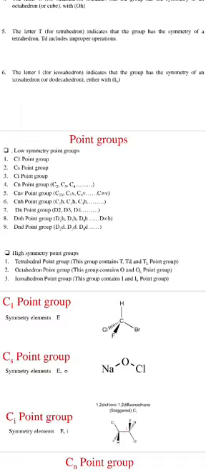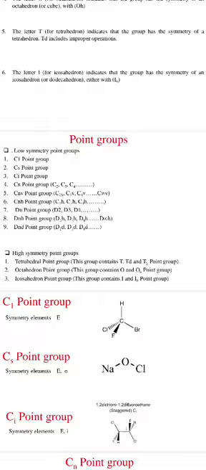The next is the higher symmetry point groups, for example tetrahedral, octahedral and icosahedral, which contain a higher number of symmetry elements. Tetrahedral contains 24 symmetry elements, octahedral 48, and icosahedral 120. That's why we classify them under higher symmetry point groups.